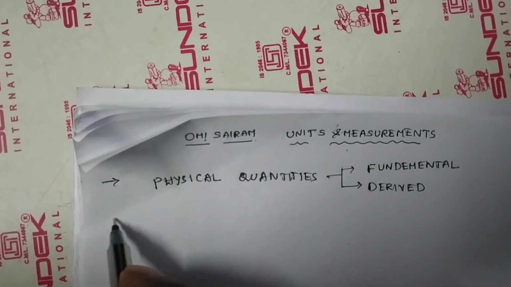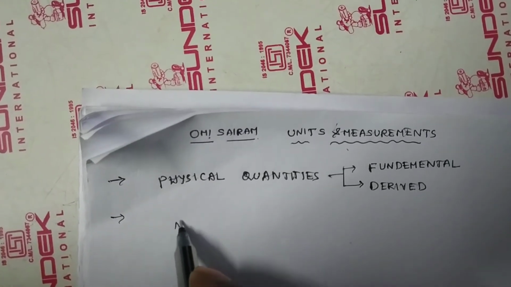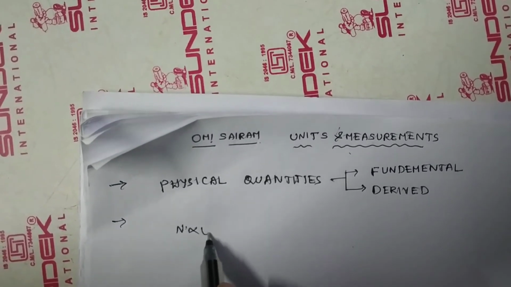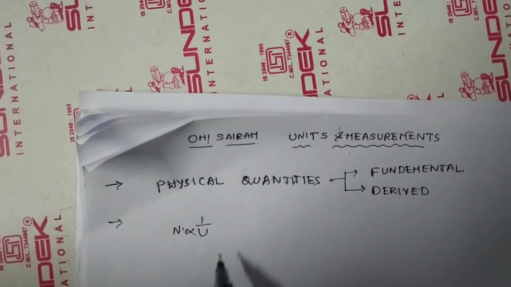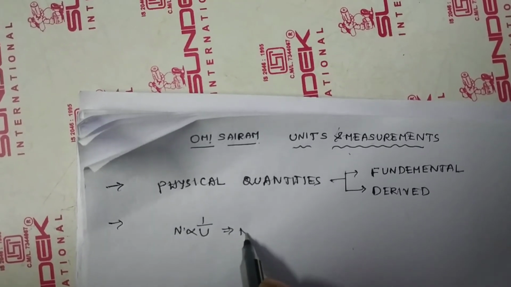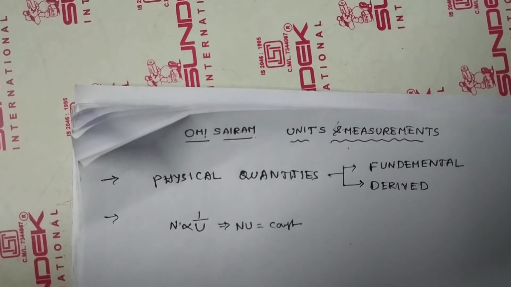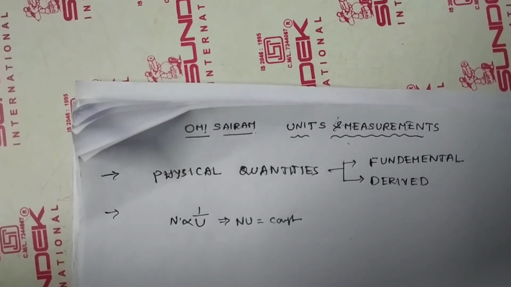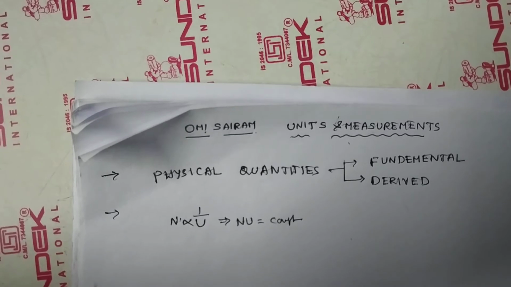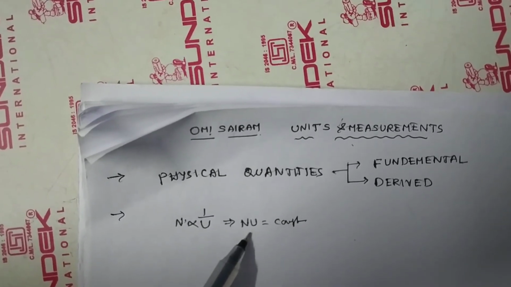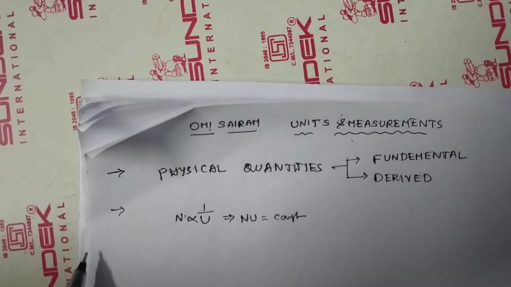So you can write it like this: the number, represented by n, is inversely related with the unit, that is n u is constant. What is the number and what is the unit? How many units are present?